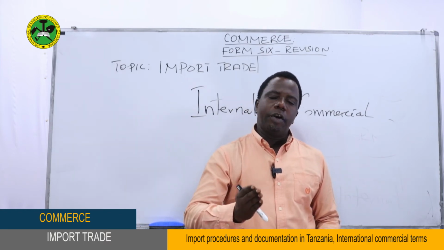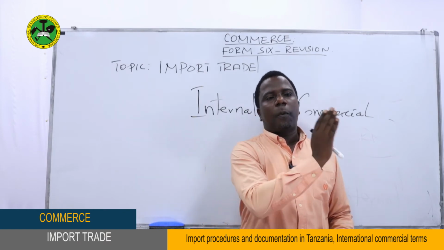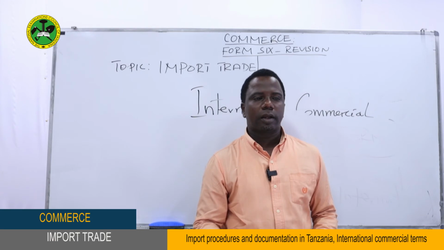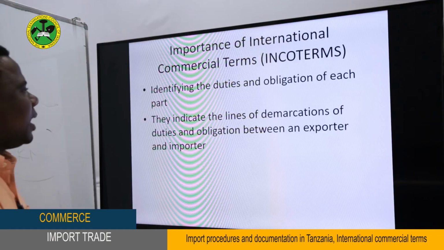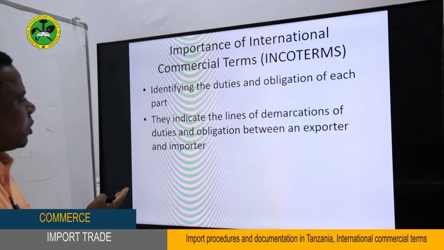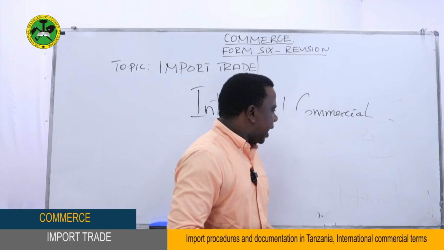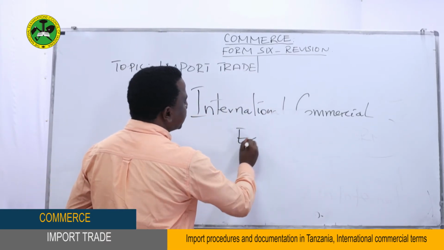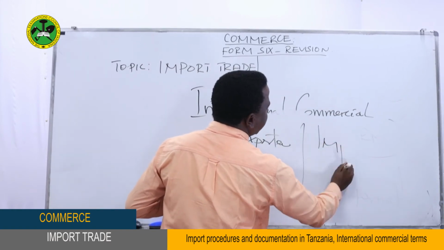So an importer will know his or her duties and obligations, but also an exporter will know his duties and obligations. But also, they indicate the lines of demarcation of duties and obligations between an exporter and an importer. So this one helps to draw a line of demarcation. Now this is an exporter, and this is an importer.